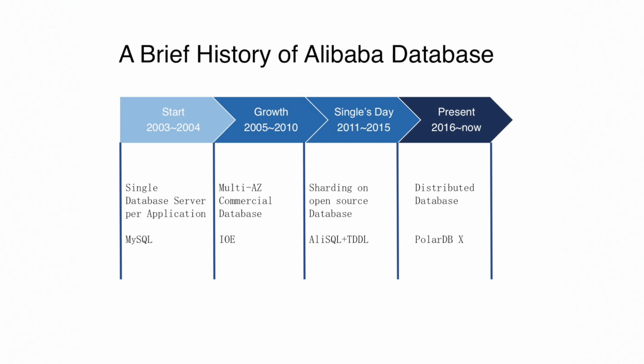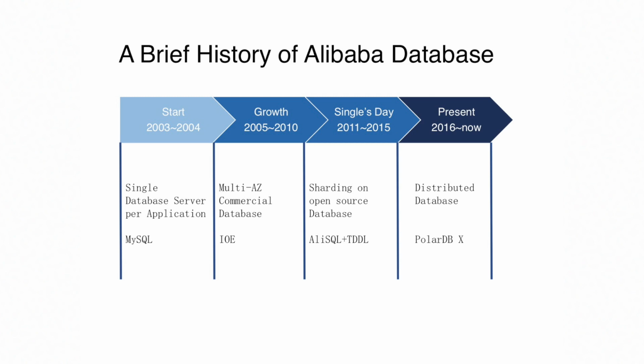In 2009, Alibaba started the annual Singles' Day shopping festival. This festival changed the performance and costs of our databases. We found out that our business had grown large enough that an IOE architecture was no longer able to catch up, not to mention its expensive costs.